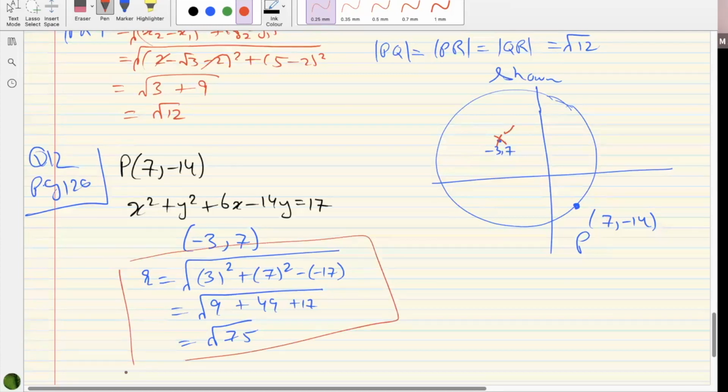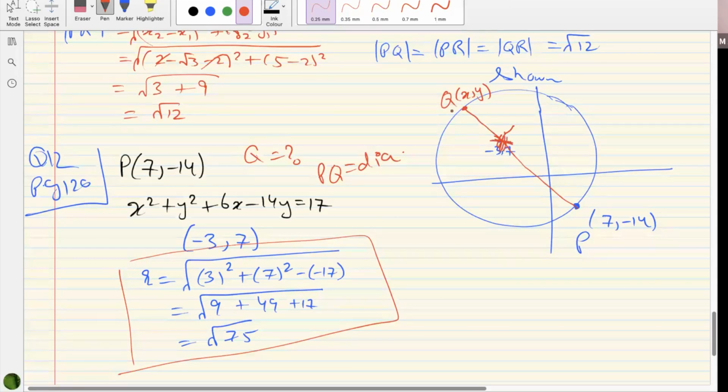Radius was actually not required. It says PQ is the diameter, so this must be Q. Q is unknown and PQ is equal to the diameter. May I say Q is x comma y, and we know that the center is actually the midpoint of P and Q.